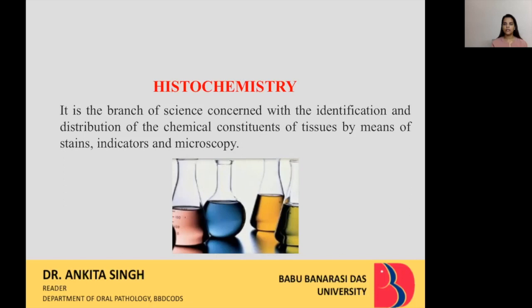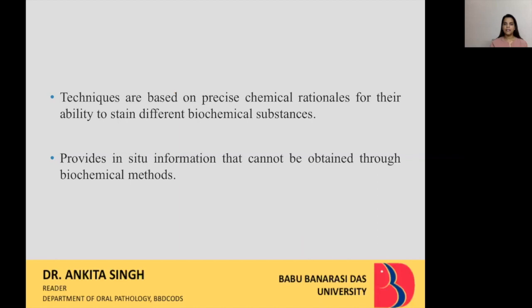So there are histochemical stains which are available, which provide high contrast and that are helpful in image analysis. Techniques are based on precise chemical rationales for their ability to stain different biochemical substances. They provide in situ information that cannot be obtained through biochemical methods.